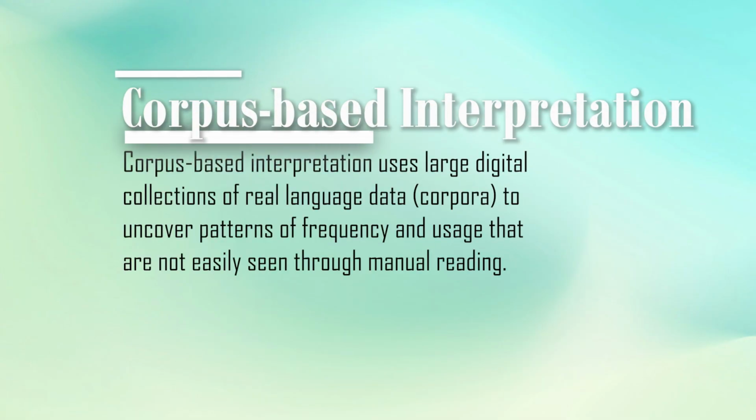Corpus-based interpretation uses large digital collections of real language data, or corpora, to uncover patterns of frequency and usage that are not easily seen through manual reading. It provides evidence-based insights about how words and structures function in real communication.